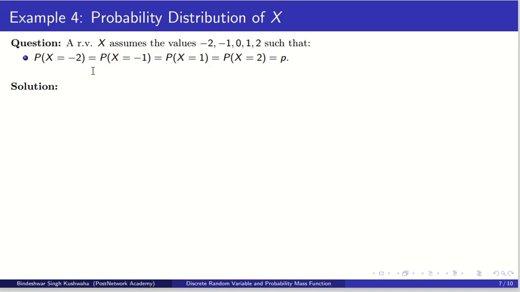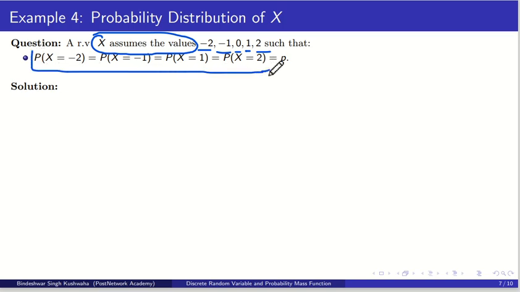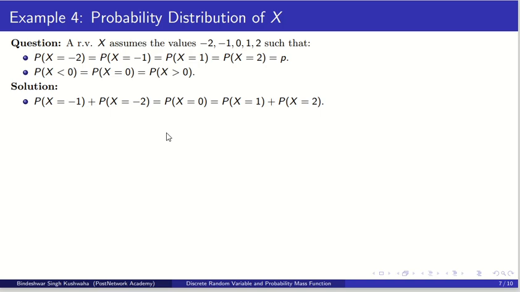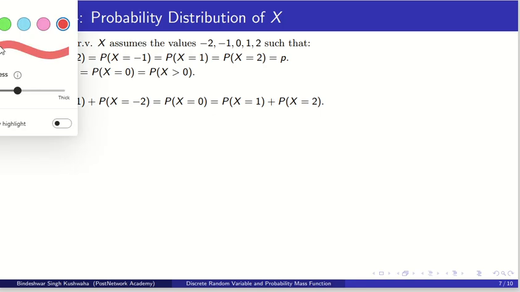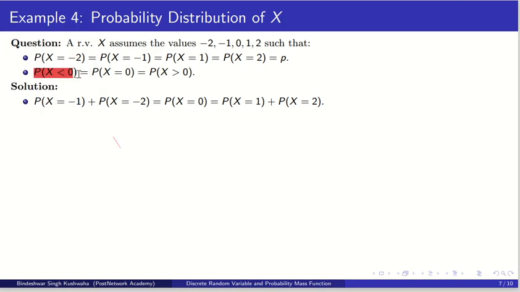A random variable x assumes the values -2, -1, 0, 1 and 2, and equations are given. These all are equal, and that is equal to P, the first equation. And the second is this one: P(x<0) is equal to P(x=0) and greater than.